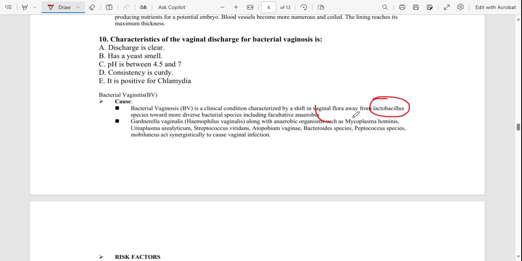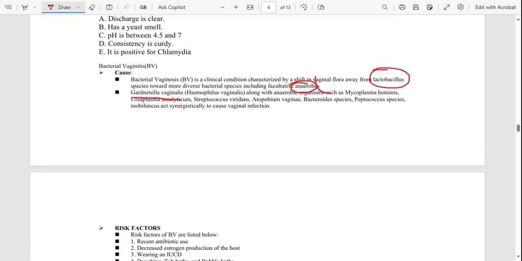These decrease, and the anaerobes increase. The most important one to know is Gardnerella vaginalis, also known as Haemophilus vaginalis, with other anaerobes like Mycoplasma hominis, Ureaplasma urealyticum, Streptococcus viridans, and other anaerobic species. The anaerobes have increased, lactobacillus has decreased.